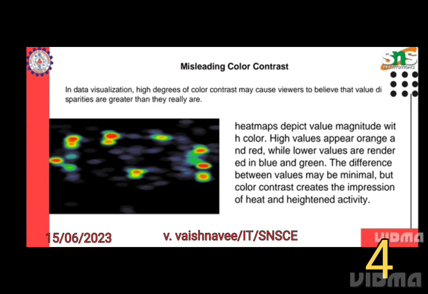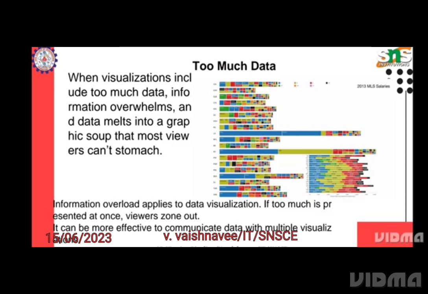The difference between values may be minimal, but color contrast creates the impression of heat and heightened activity. So when we go for color contrast, we must think about the data and how we need to present our design, and we need to control it.